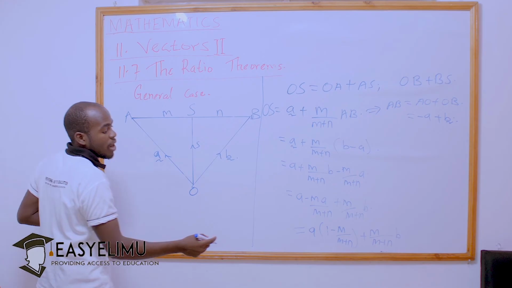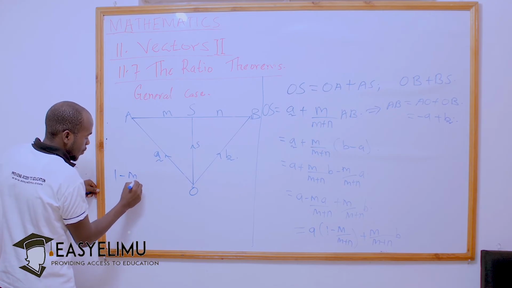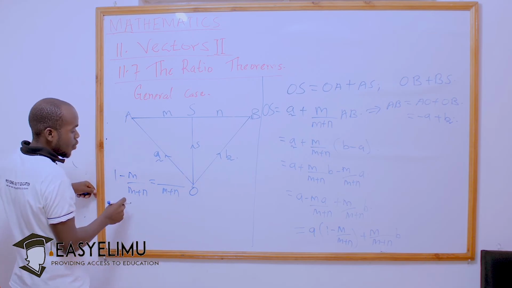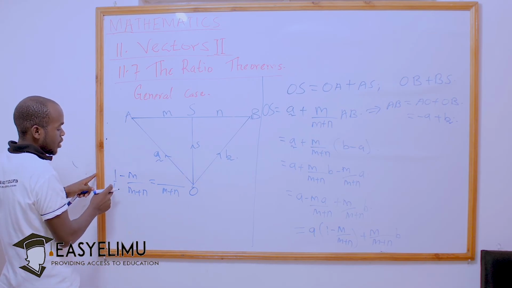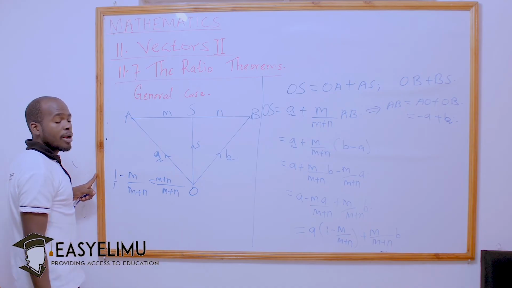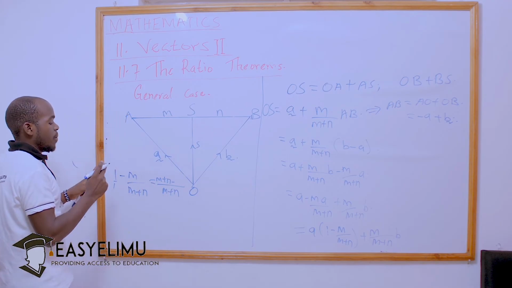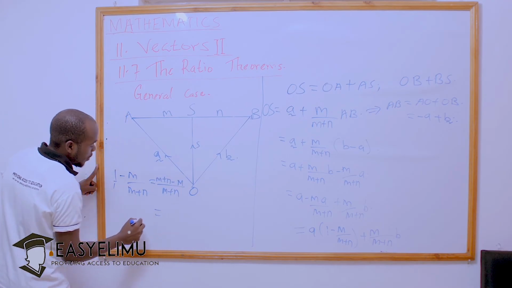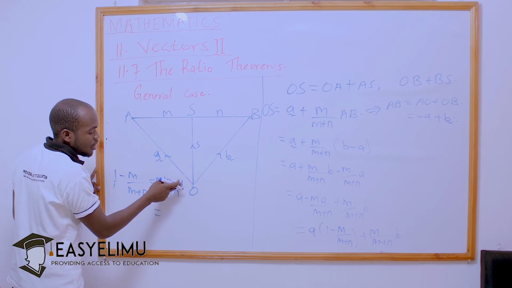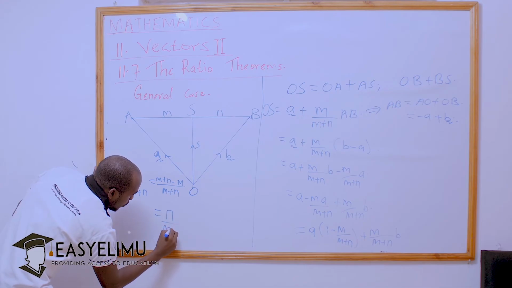So we can find the LCM as m plus n, and you will find 1 minus m over m plus n. If you find the LCM will be m plus n, and this one will be over 1. So it will enter there m plus n, and m plus n into m plus n you will find is 1. So if you multiply by 1 and by m you will get m. So you are going to subtract m, and you will find that this is m plus n minus m, and the m will cancel with the m, and you will have that one is equivalent to n over m plus n.